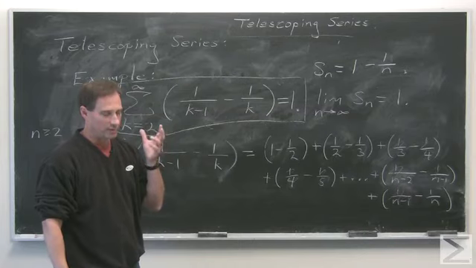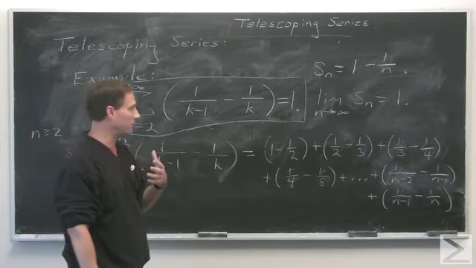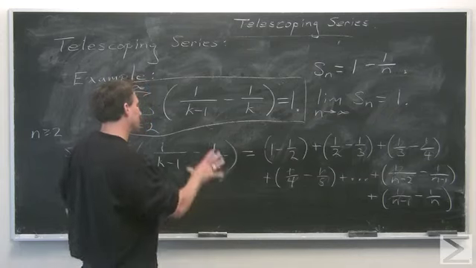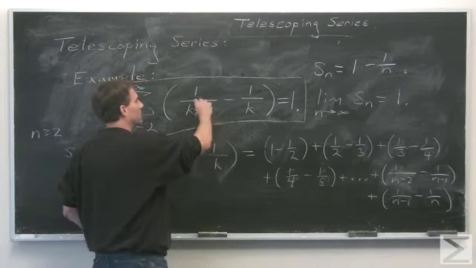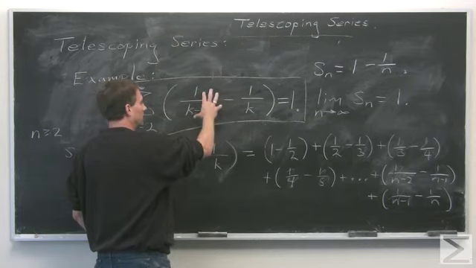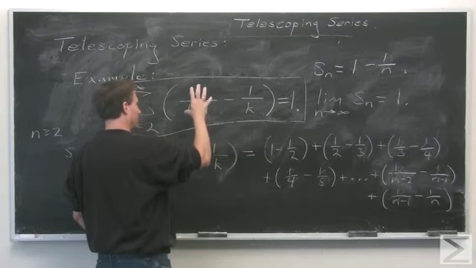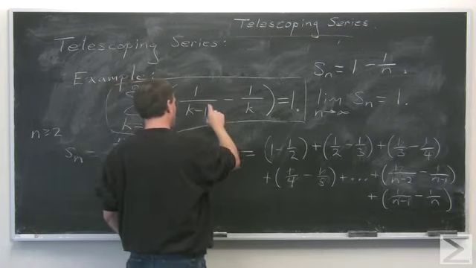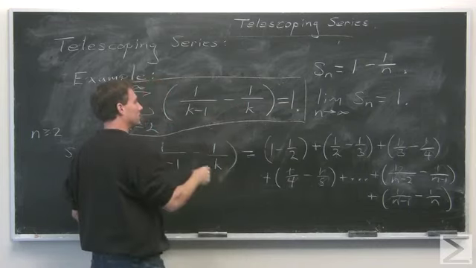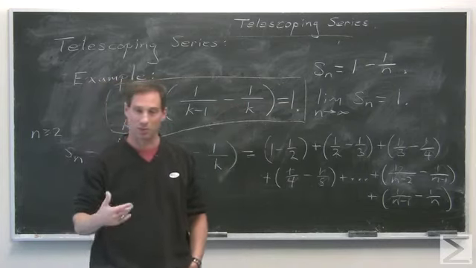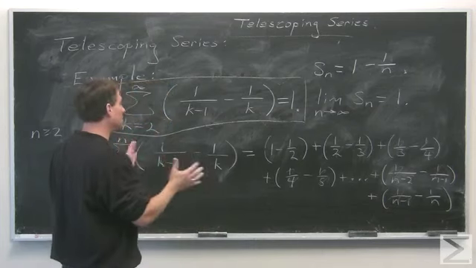So, to be a telescoping series and to be anything we're interested in, it has to clearly be written this way with some nice elementary function that you've got added or subtracted. You need one thing minus another one, where one of them has the k in it and one of them has the k replaced by k minus 1. And then things cancel in pairs.